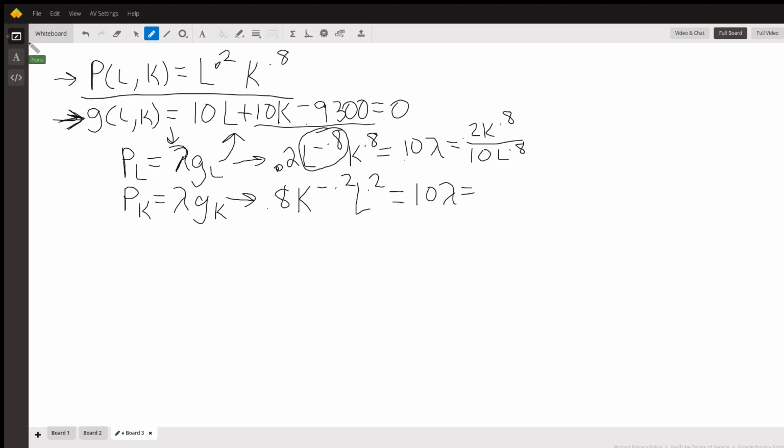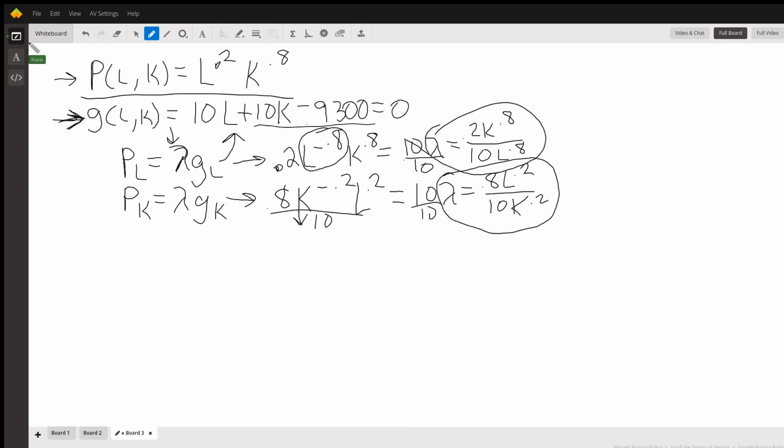And then this one, lambda, is going to equal all of this divided by 10, and then move K down there and make the exponent positive. So it's going to be 0.8 L to the 0.2 divided by 10K to the 0.2. We divided it by 10, so lambda equals that.